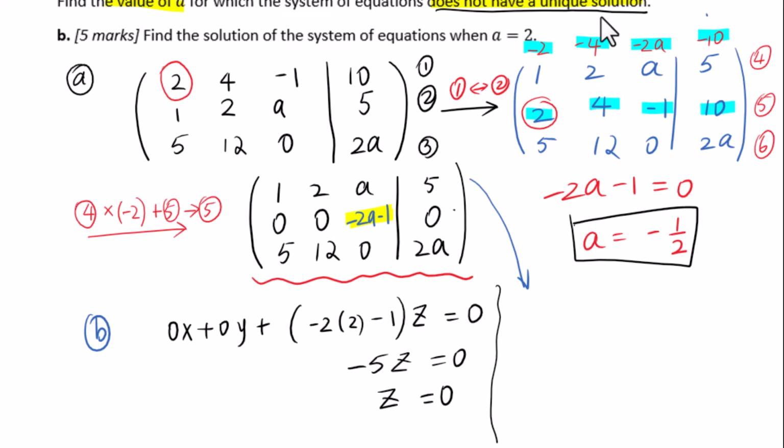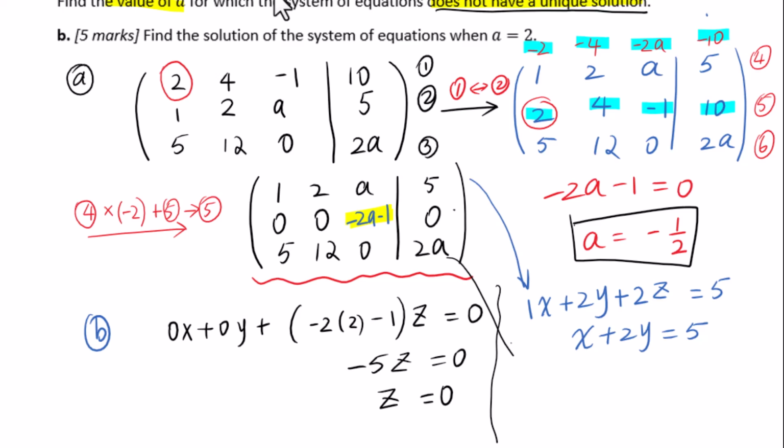Then we will use the first row of this matrix. 1x plus 2y plus 2a equals 2, z equals 5. Since z equals 0, we have x plus 2y equals 5.